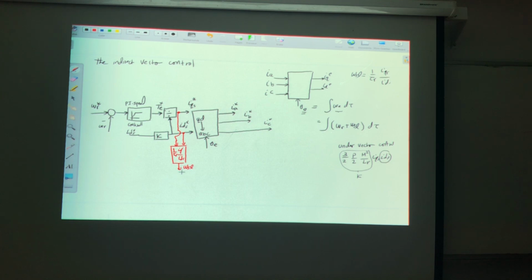If I add omega slip to omega R, what I get is omega E. If I integrate omega E, I get theta. So let's assume this is that. Good? Good.